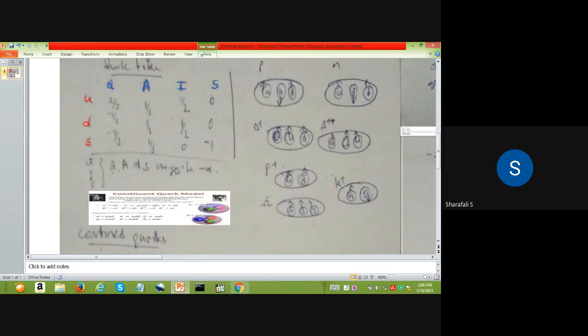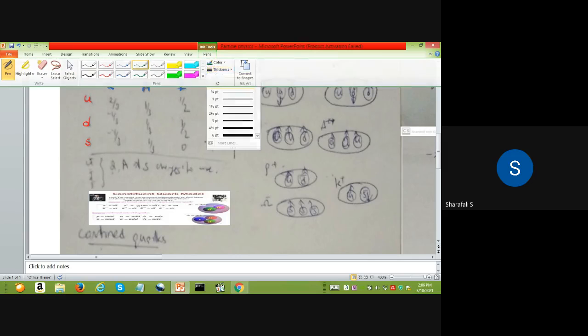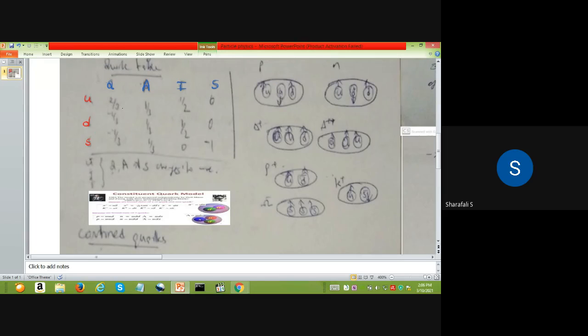Now, if you consider these three quarks, U, D, S, we have a charge of 2/3 for U, that is the up quark. So this one is the up quark, this one is the down quark, and this one is strange.